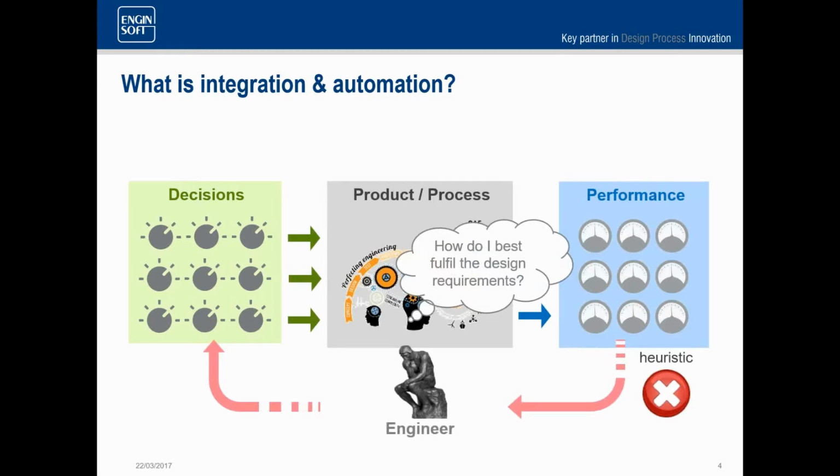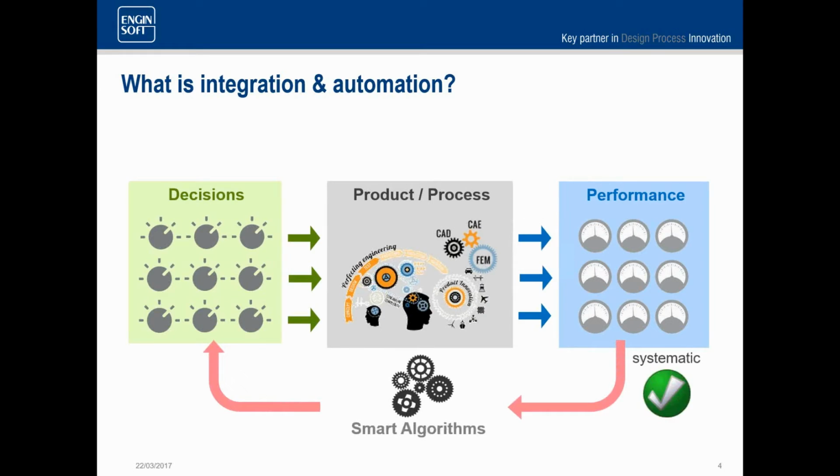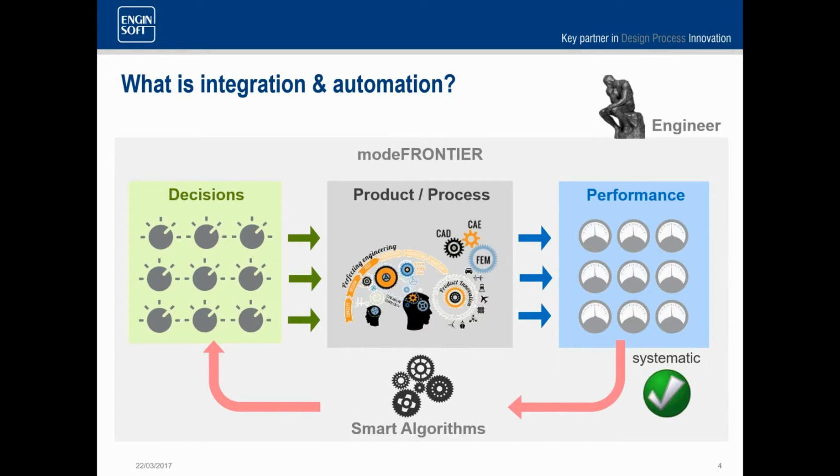That can be quite difficult depending upon the number of parameters and keeping track of all the interaction effects. So we put smart algorithms in to drive that design and to automate and integrate that process. modeFRONTIER does that, and it places the engineer outside, in a much better position to look over the entire process rather than looking at designs on a run-by-run basis. But today, the product or process could take hours to run.